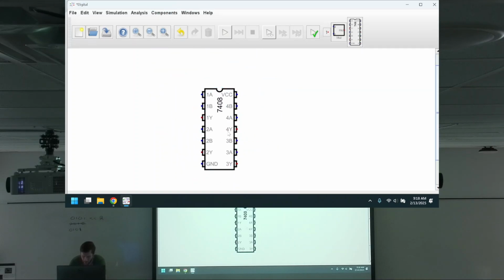There, right? You've seen these chips before, right? Here it doesn't quite look exactly like this. It's a little black thing, right? But it looks like this. This you hook up to some voltage. This you hook up to ground. And then we have 1A, 1B, Y. So this is like input, input, output.